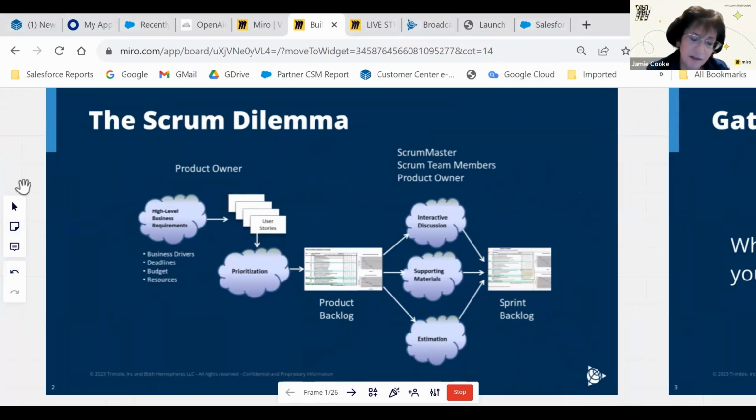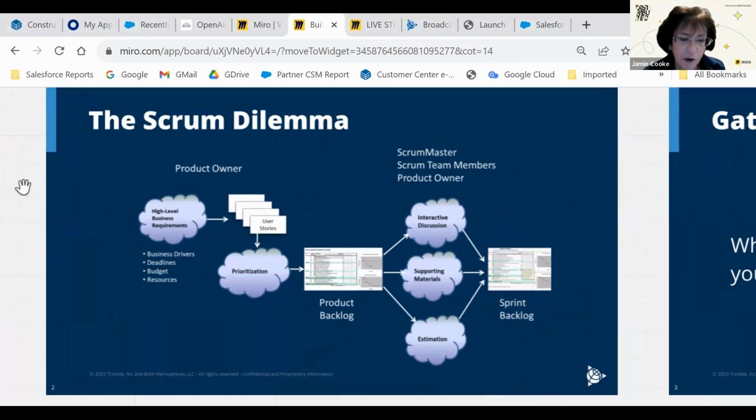So the Scrum dilemma. Most of you will be familiar with this Scrum diagram. And it's pretty interesting because it's relatively high level, but it actually speaks volumes. So in the Scrum model, if you look to the left-hand side of the diagram, you'll see the responsibilities of the product owner. They're responsible for gathering all the business requirements for the solution.